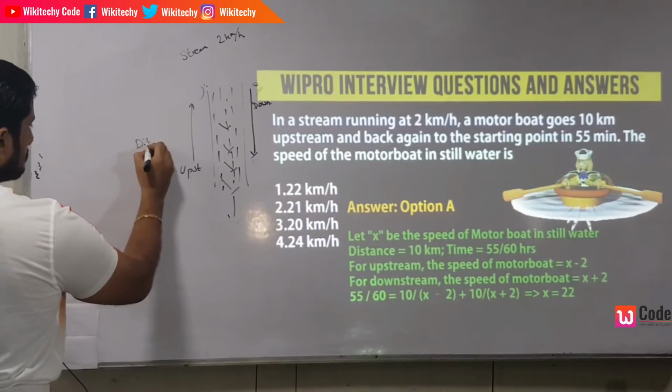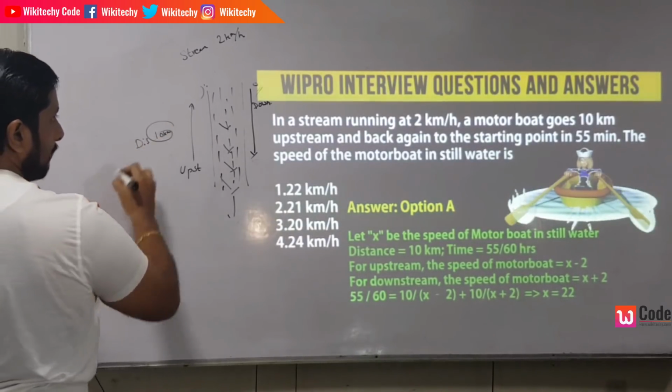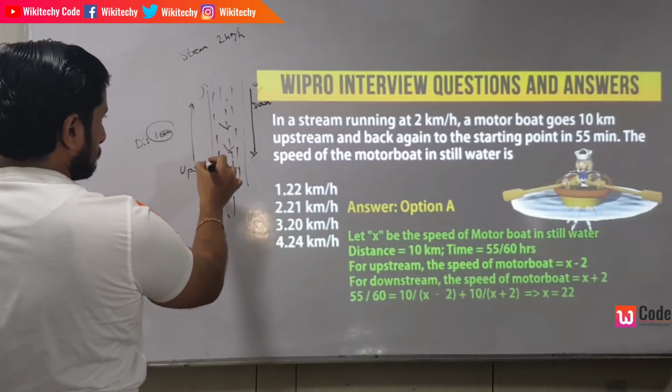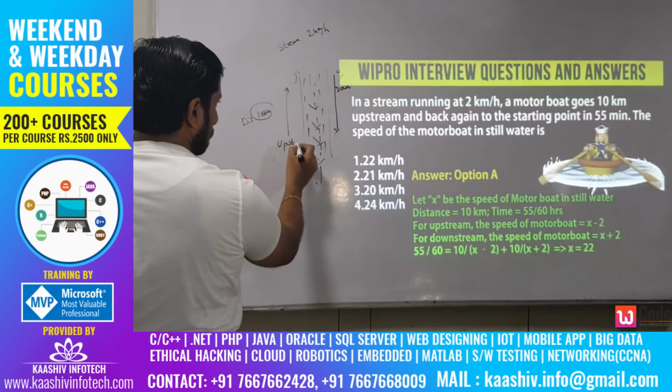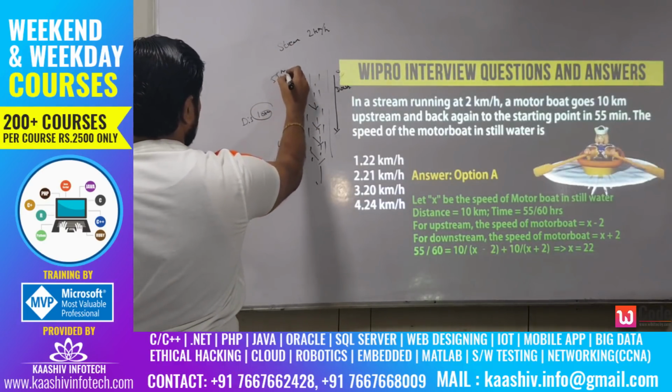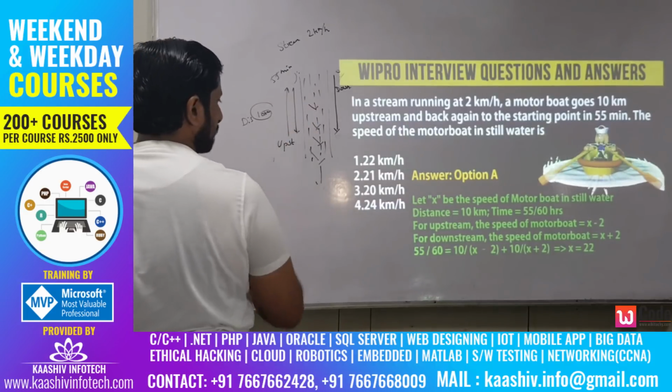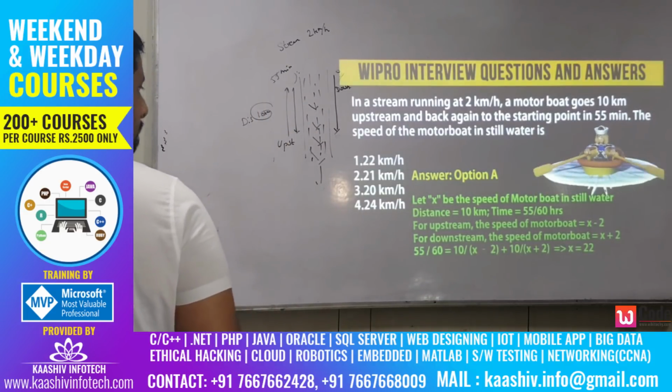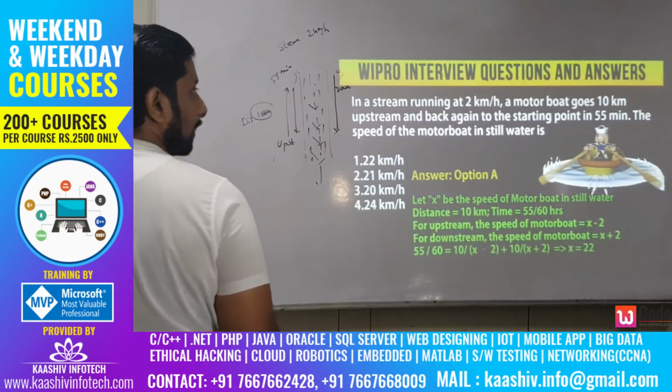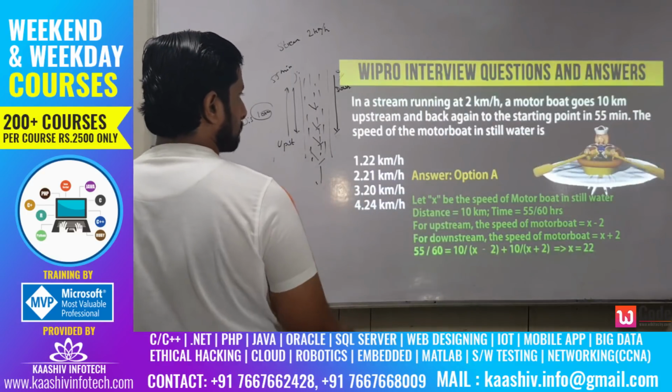Back again is downstream, and the total is 55 minutes. So we need to calculate the speed of the motorboat.